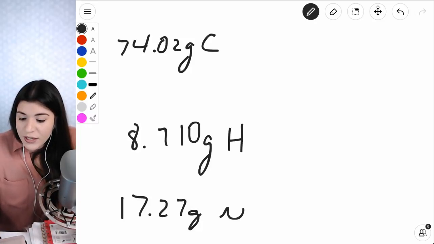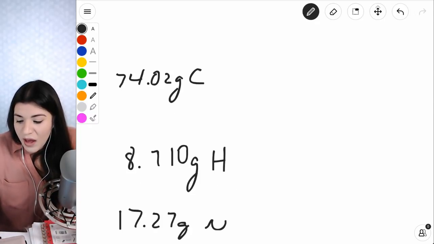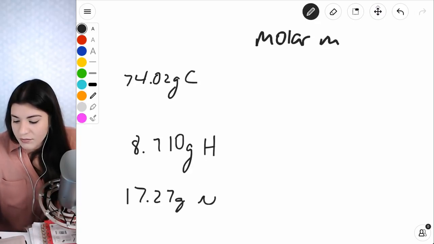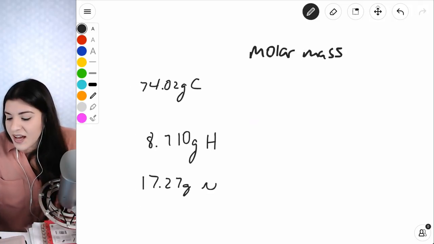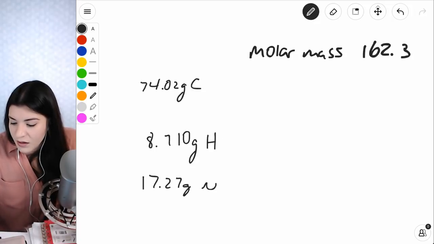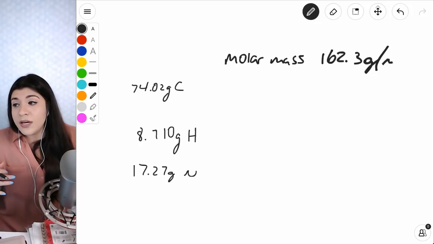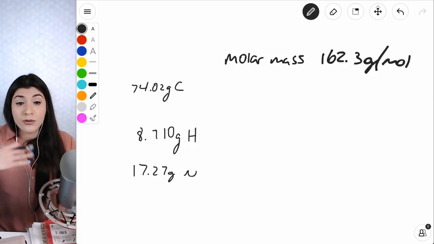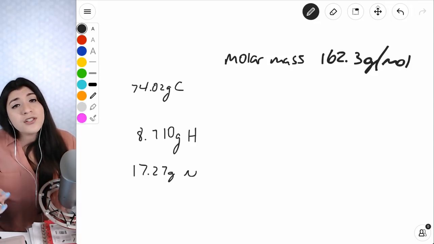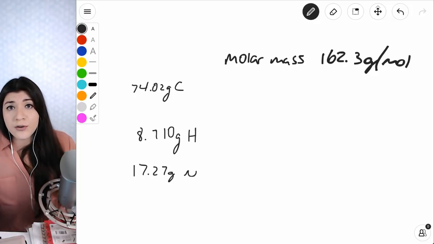And then we also were given that the molar mass of our total sample, or whatever we're asked to find, is 162.3 grams per mole. So this is the information that we need to be given. To find our molecular formula in this case, I'm going to start off by finding the empirical formula.